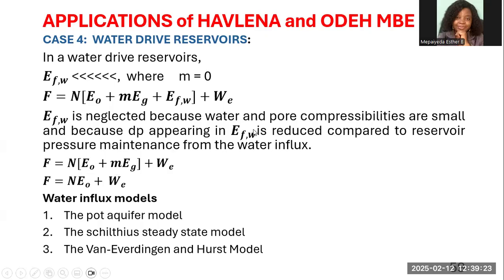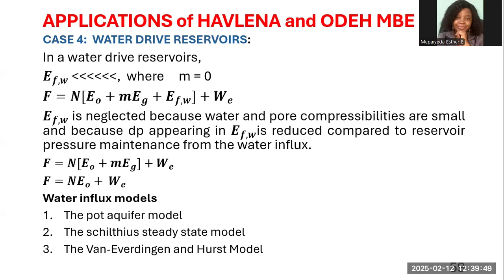So if EFW goes, if you go back to equation 25, you'll see that the M is 0. We're saying that EFW can be neglected. And then what happens? Our WE stays in this case, in case 4.